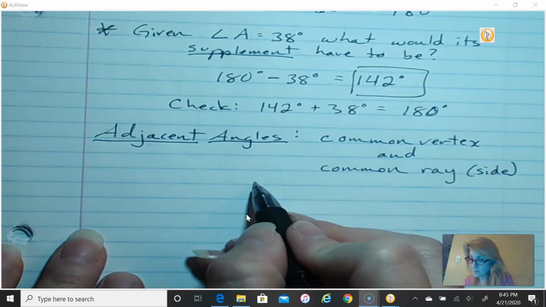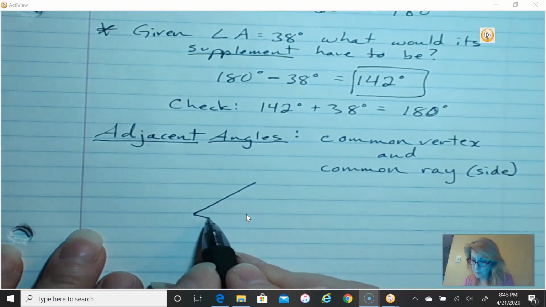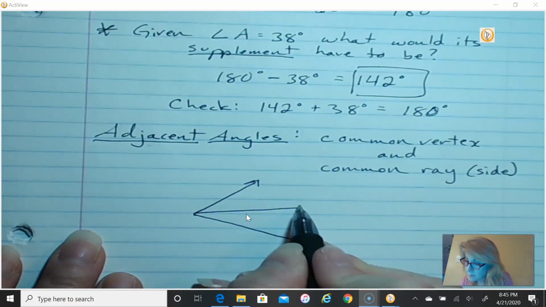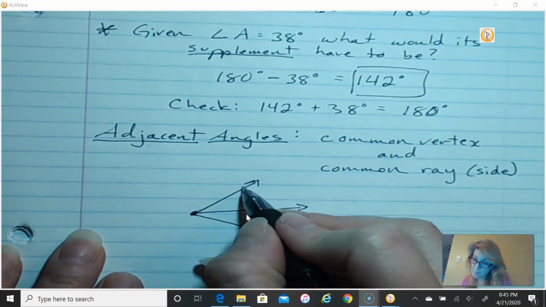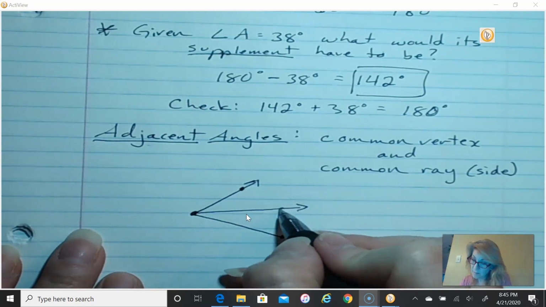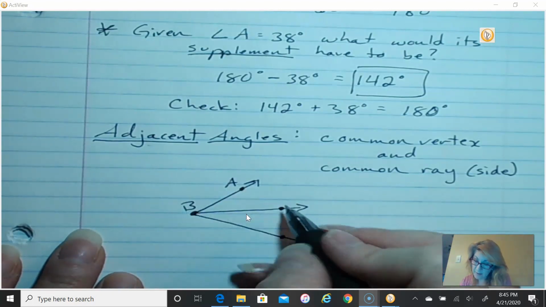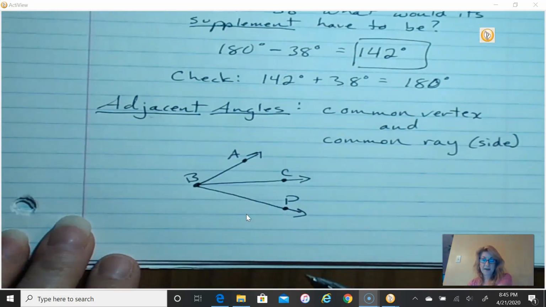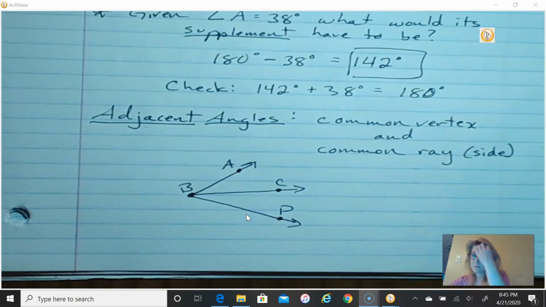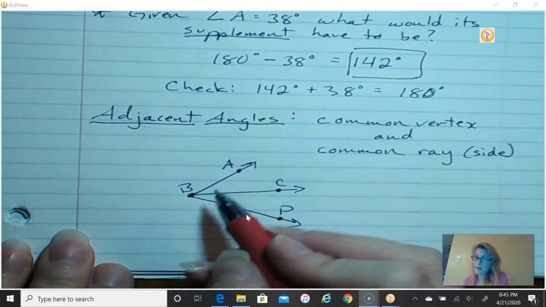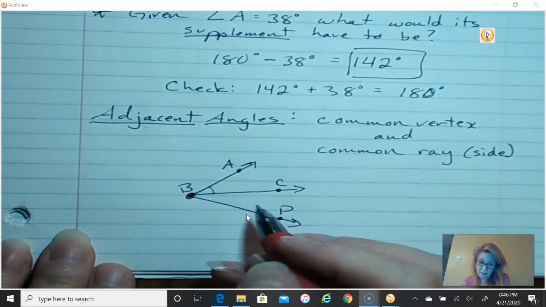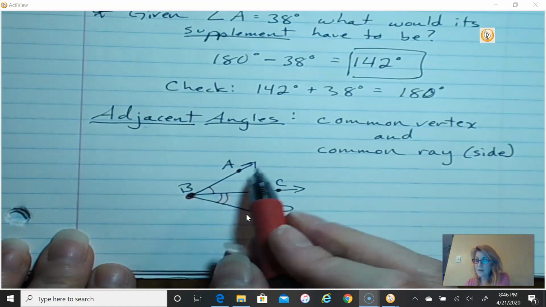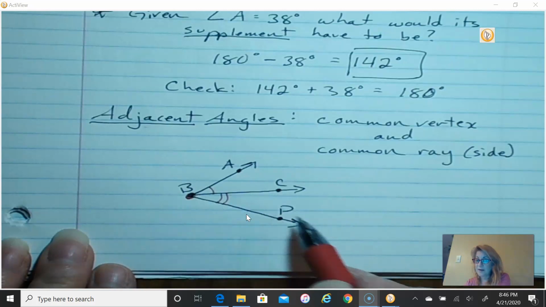For example, A, B, C, and D. Okay, these would be adjacent angles because this is an angle here, and this is a different angle here. See the angles? ABC is one and CBD is one.